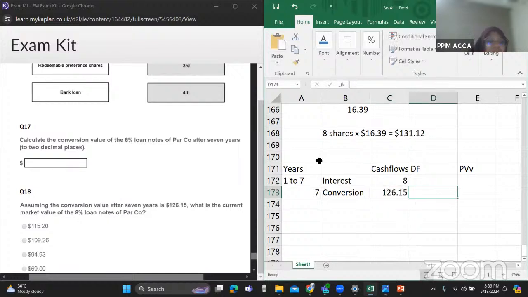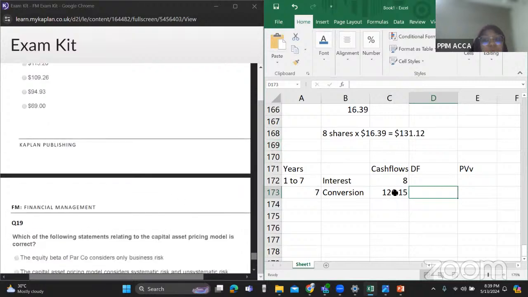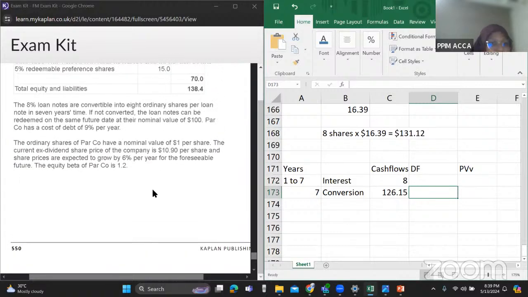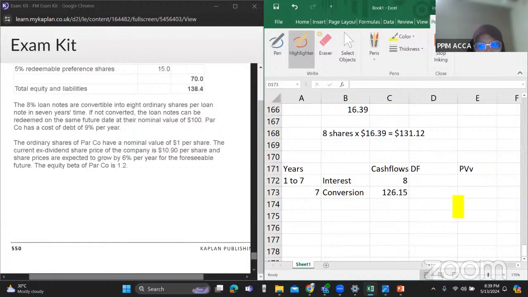Now, usually, I'm telling you, if you want to calculate the cost of debt, then you will have the market value. Market value is basically the answer that you get here. In this case, they're asking you to calculate that.